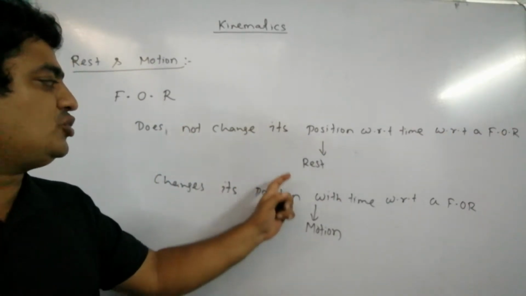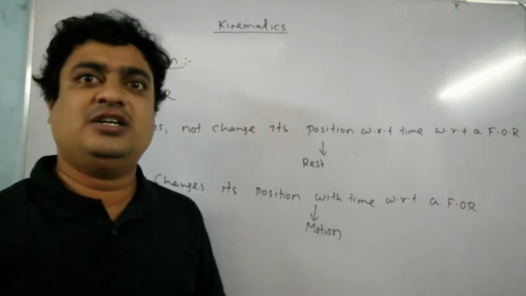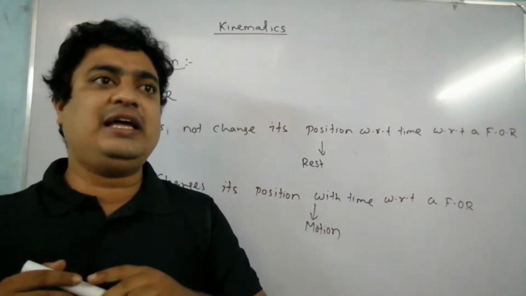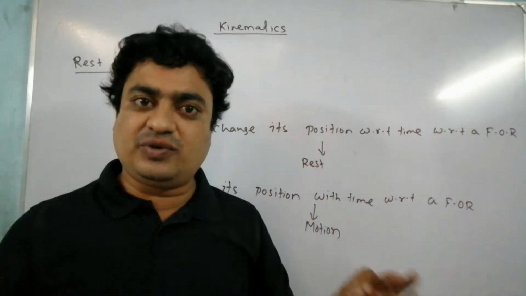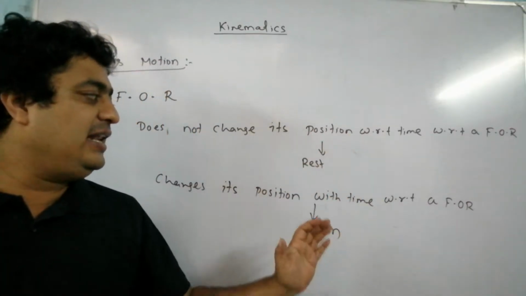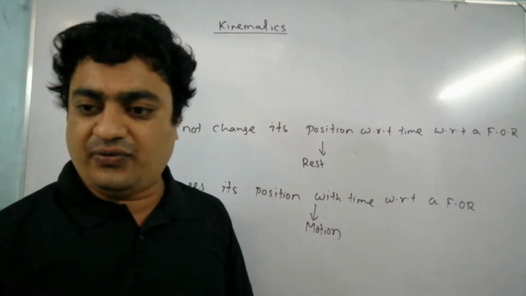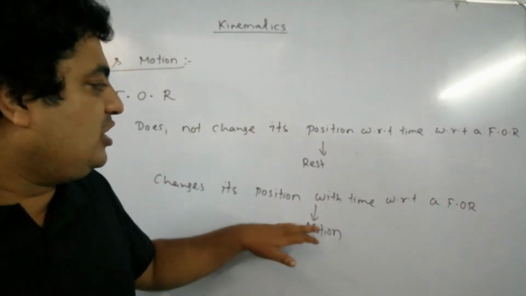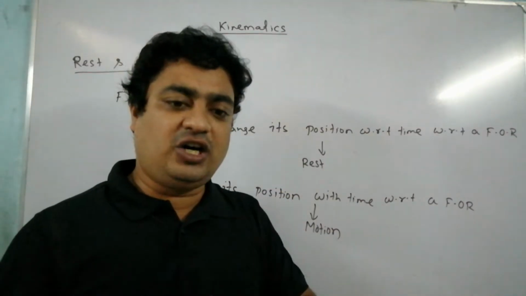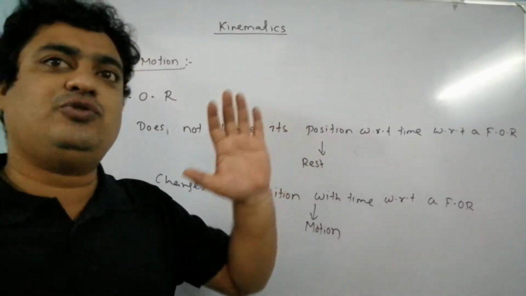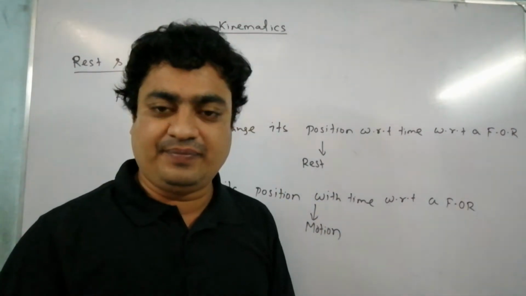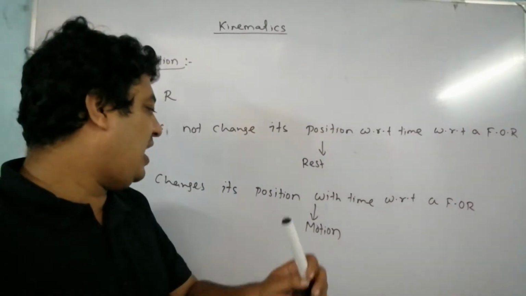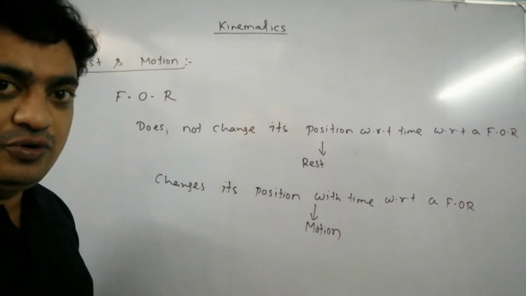So, rest and motion are relative concepts. So, we can say a body is at relative rest with respect to a frame or relative motion with respect to a frame. So rest and motion cannot be absolute, because all the frames in this universe are themselves moving. So there is no concept of absolute rest or absolute motion.